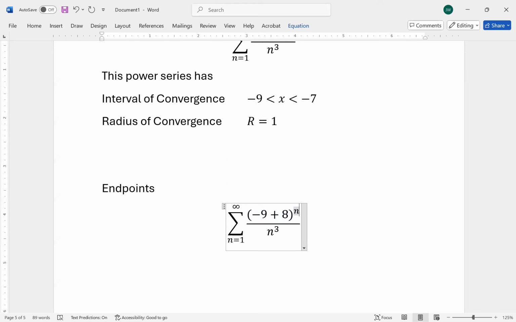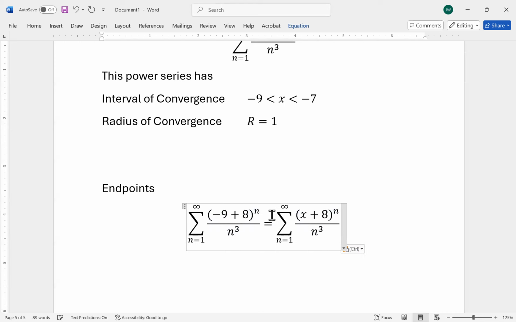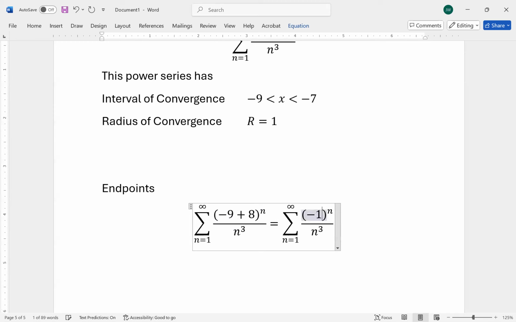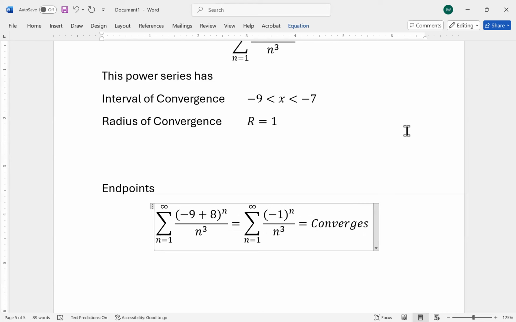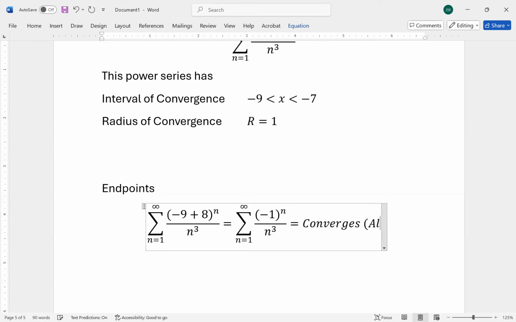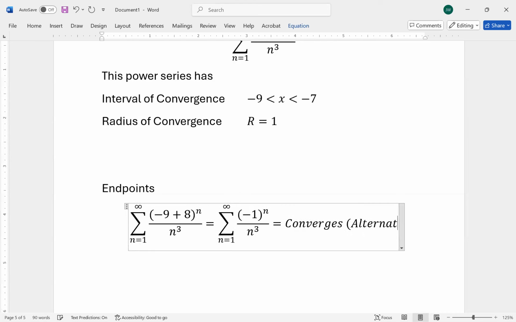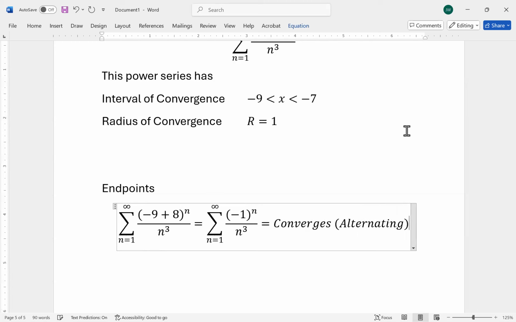When I plug in a -9, I get -1 to the nth power, all divided by n to the third. That infinite series converges. Again, we're using the alternating series test. Terms are going to 0 and it's alternating.